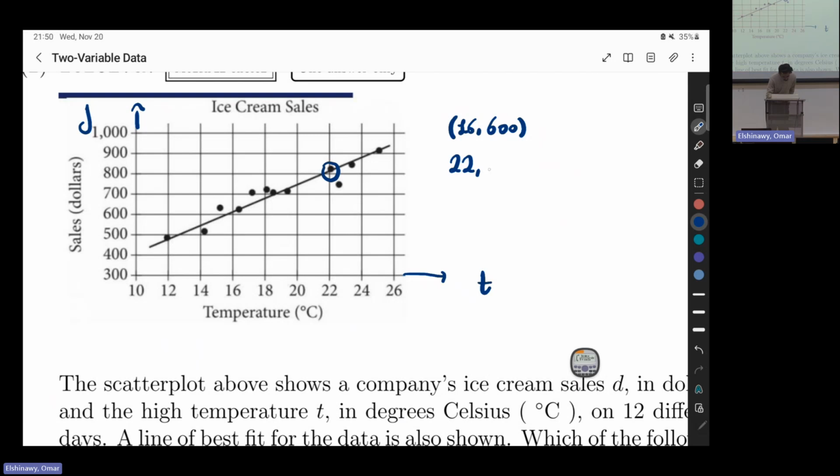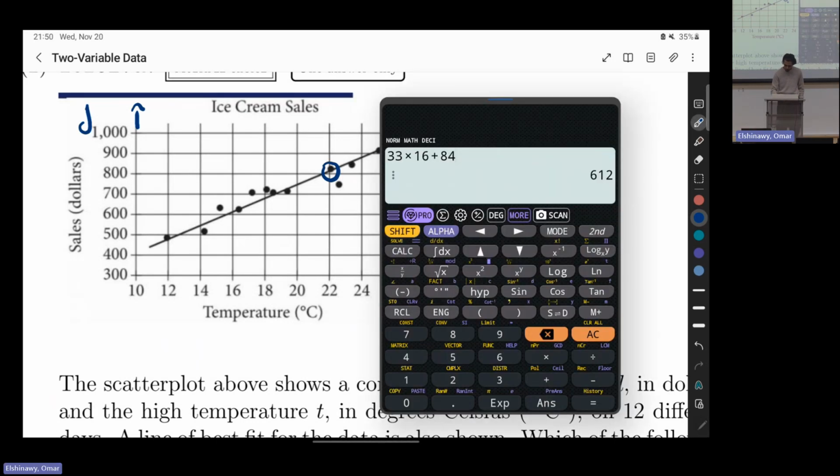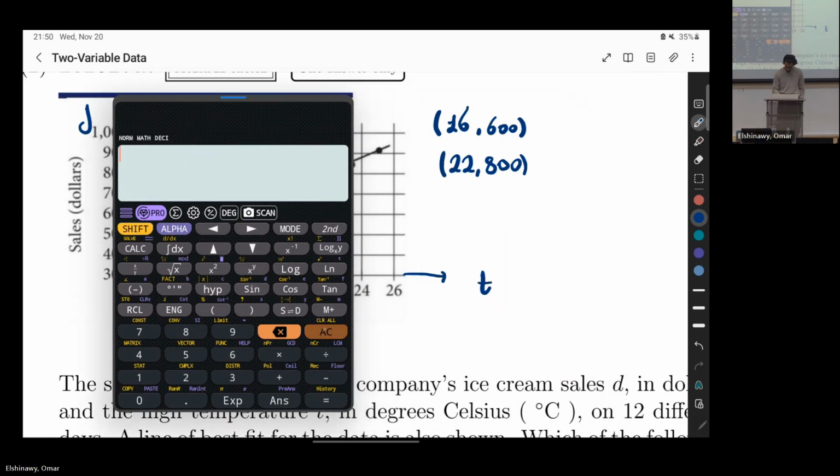Yes, so 22 and 800-ish. Just forgive me today. Graph is not really helping. So I compute the slope from here. 16. It's y2 minus y1 divided by x2 minus x1, or the change in y over the change in x. 22 minus 16. Okay, that's roughly 33.